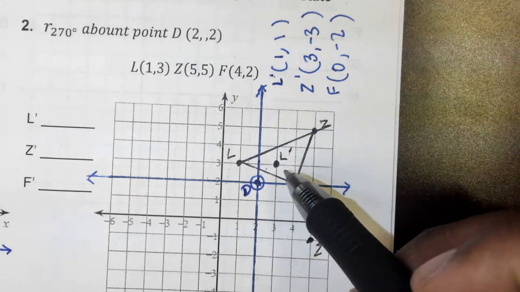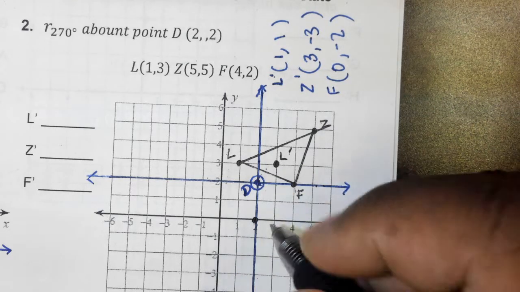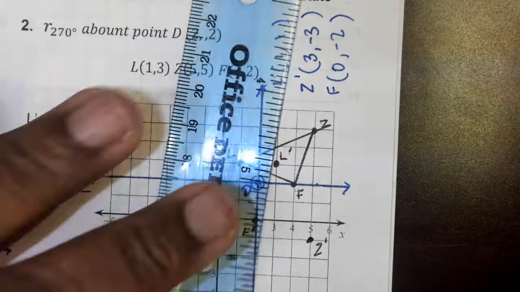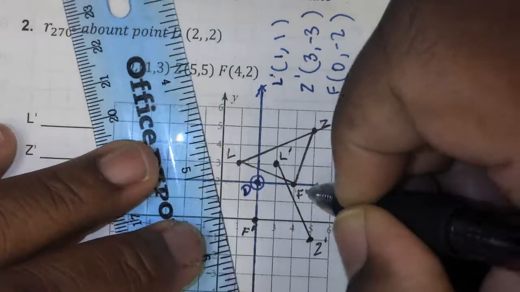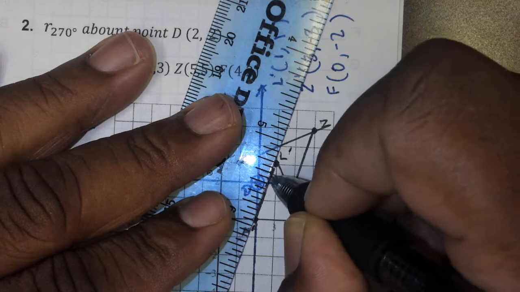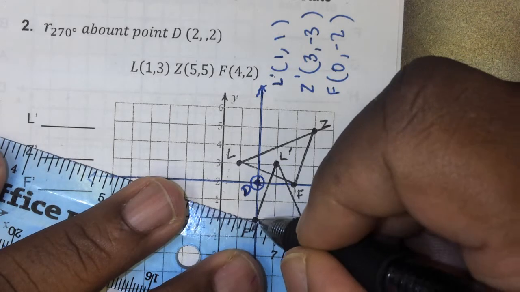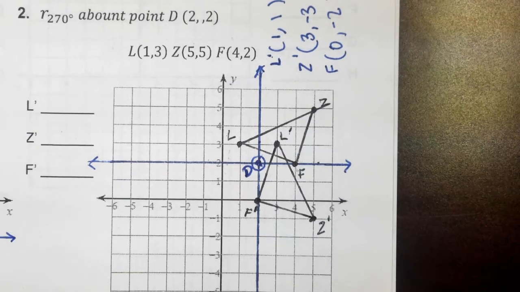And then I said F prime would be at 0, negative 2 from the center of rotation. This is your image rotated around that center of rotation 270 degrees counterclockwise.